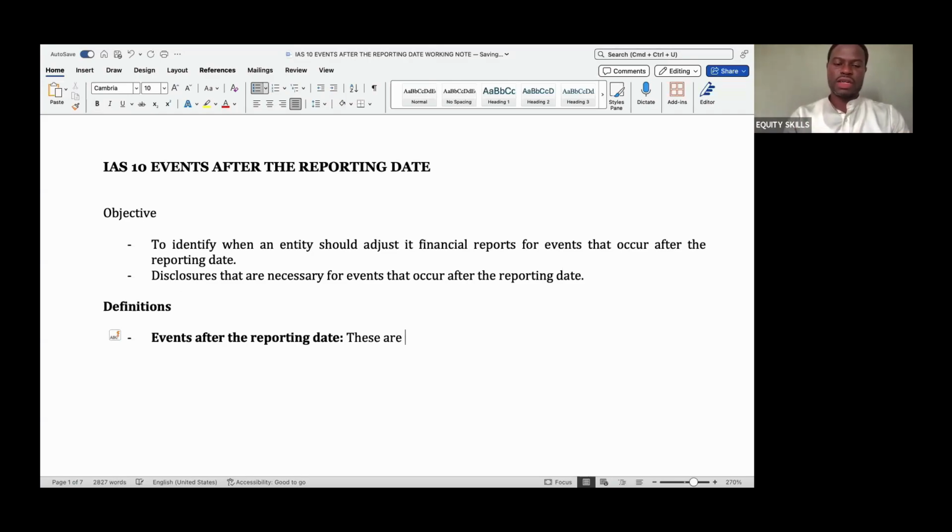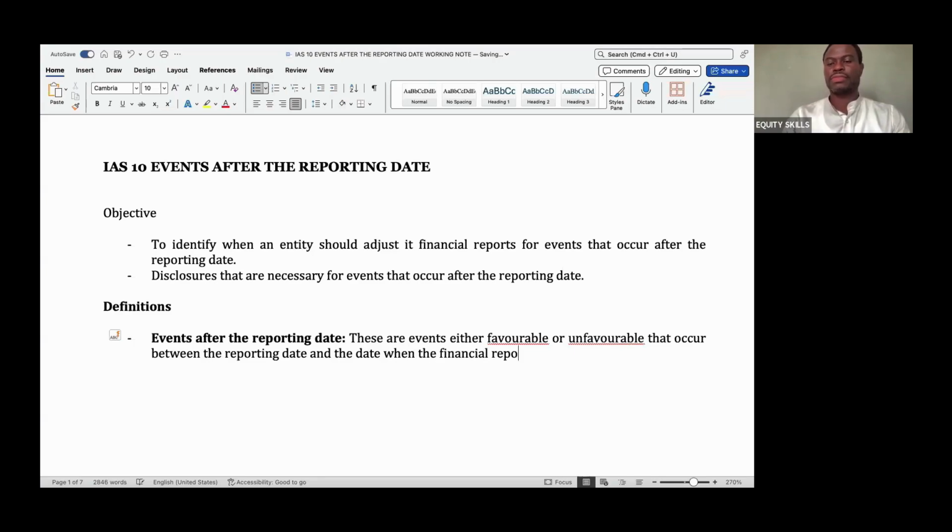These are events, either favorable or unfavorable, that occur between the reporting dates and the dates when the financial reports are authorized for issue.